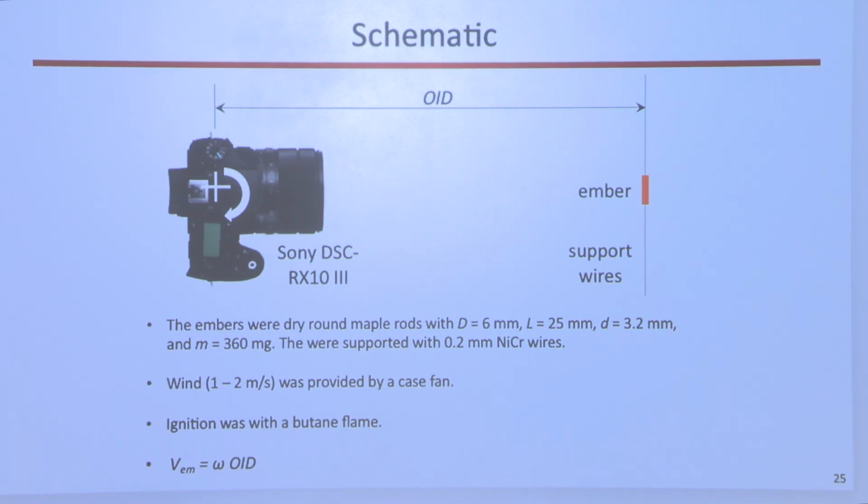And again, the image that you get from this is exactly the same image as if that ember were flying by at the same temperature and the camera were stationary. They're the same embers as before, 6 millimeter diameter, 25 millimeters long. The wind speed was 1 to 2 meters per second, not in a wind tunnel here, but just provided by a case fan, ignited with the butane flame as before.